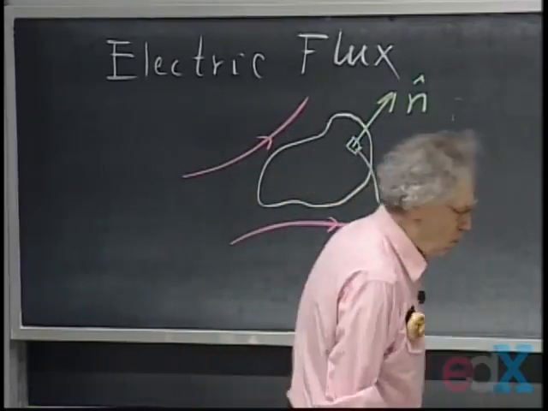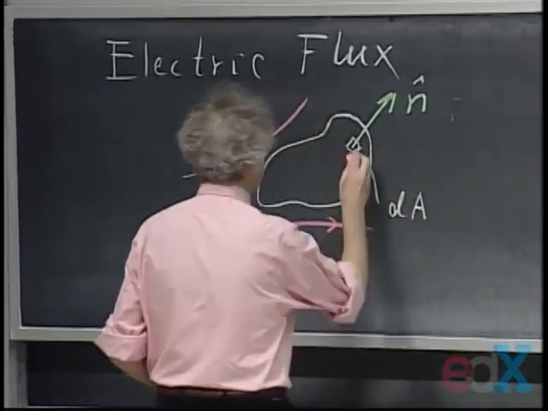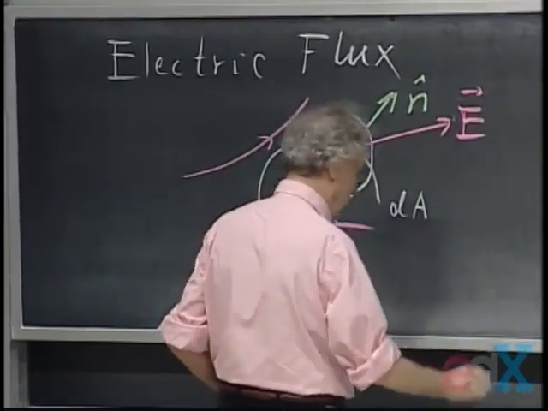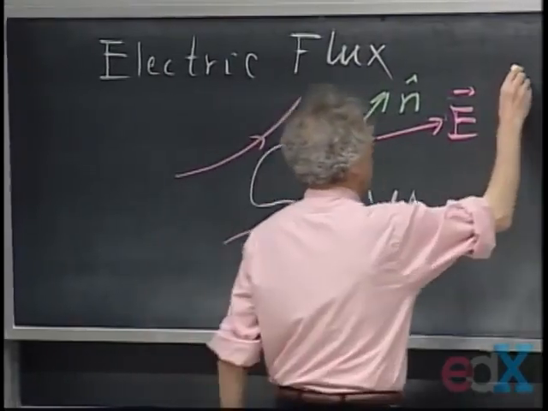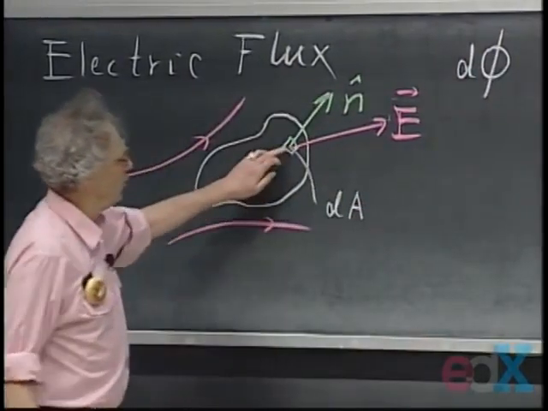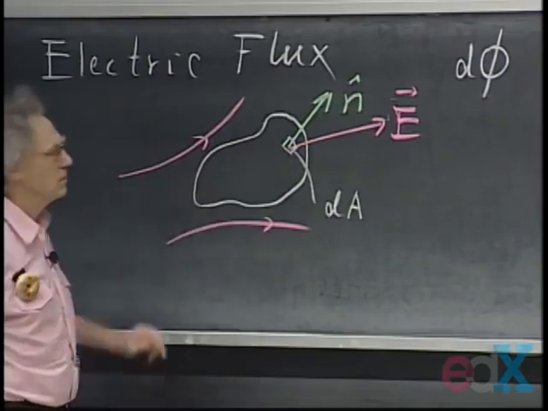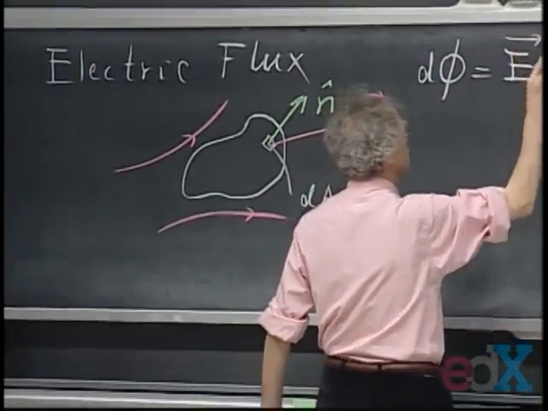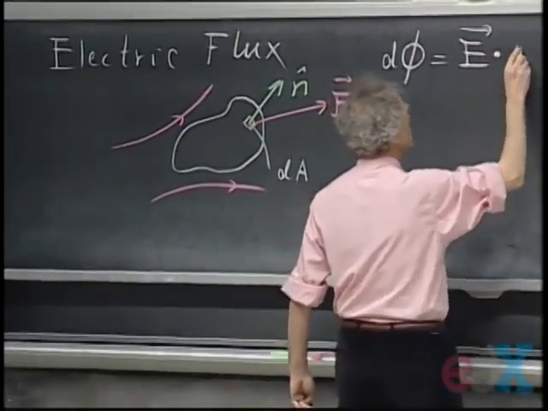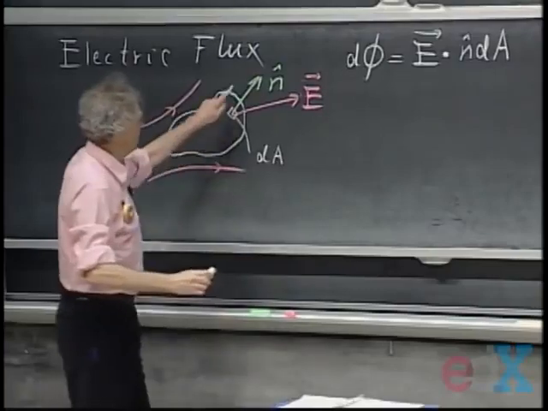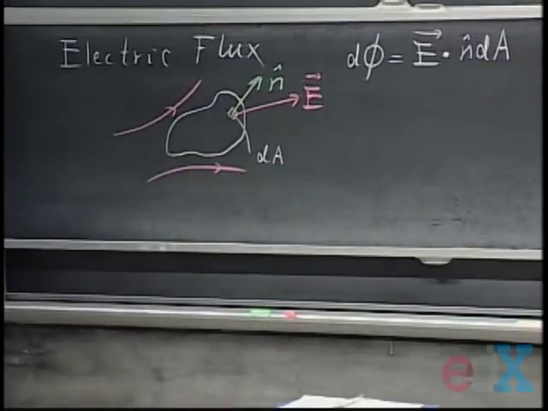So now the local electric field, say at that location, would be, for instance, this. That's a vector. The electric flux, d phi, that goes through this little surface now, is defined as the dot product of E and the vector perpendicular to this element, which has this as a magnitude dA.